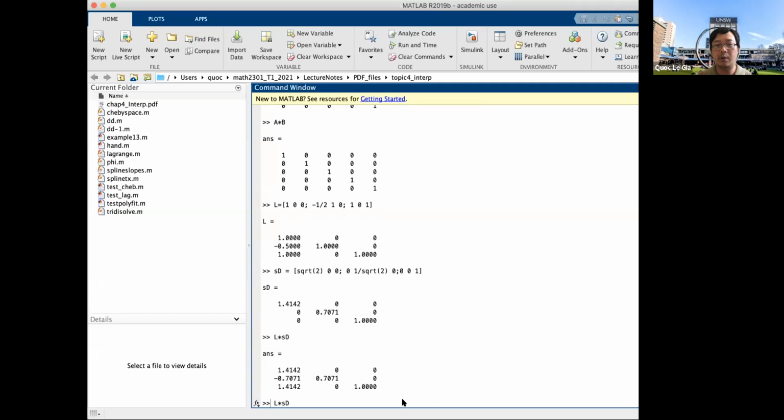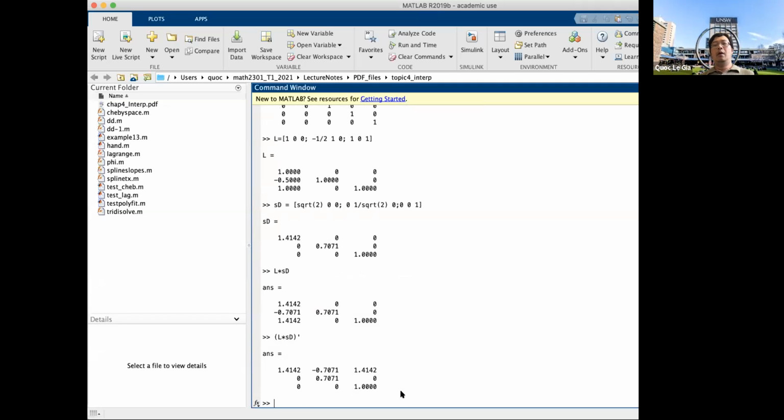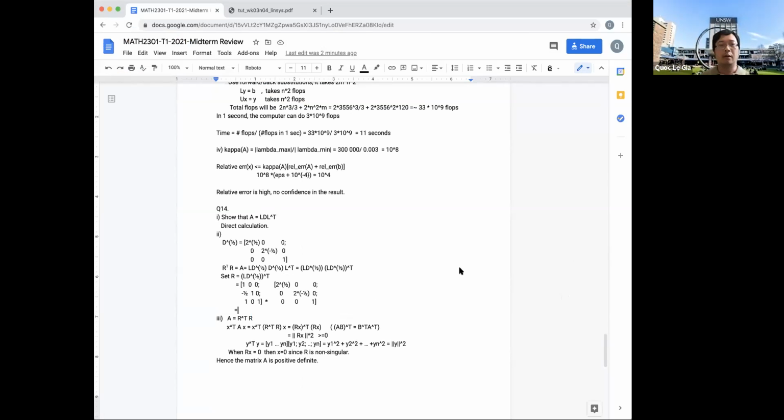We have to take the transpose of the whole thing, so we put the big transpose over the product of the two matrices.